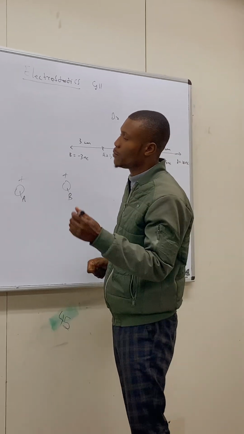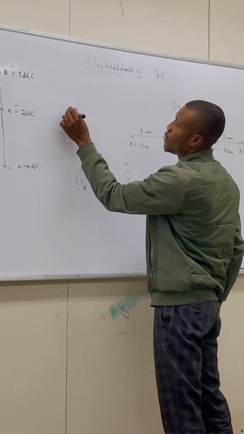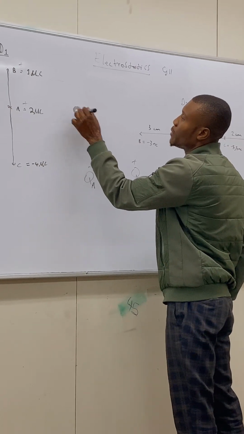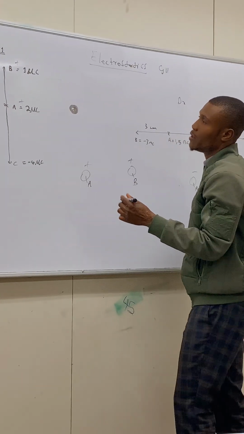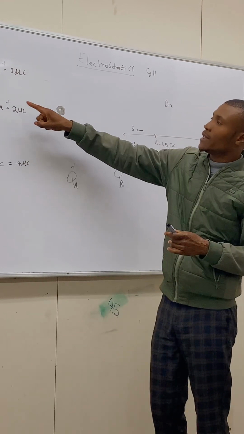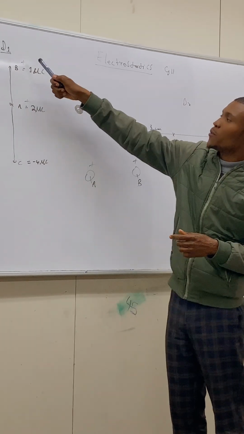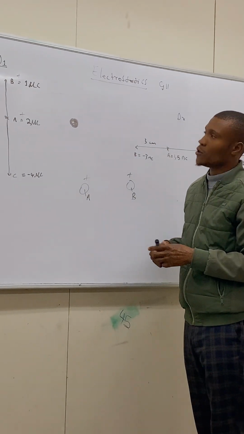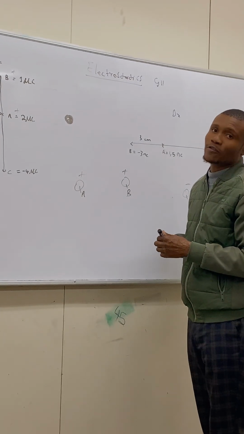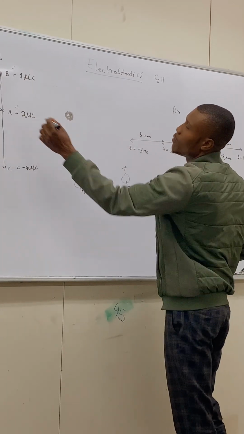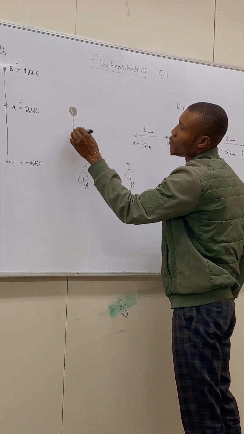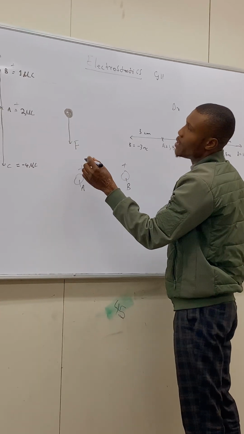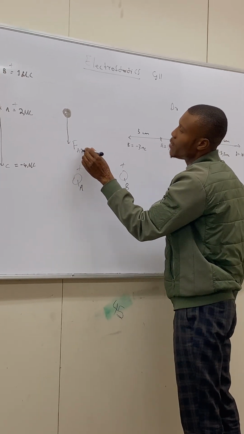You represent a free body diagram by drawing a dot, so this dot represents A. Let's check the relationship between A and B. Since B is positive and A is positive, the force there is a force of repulsion. So we'll have an arrow going down. It's the force on A, so write AB.